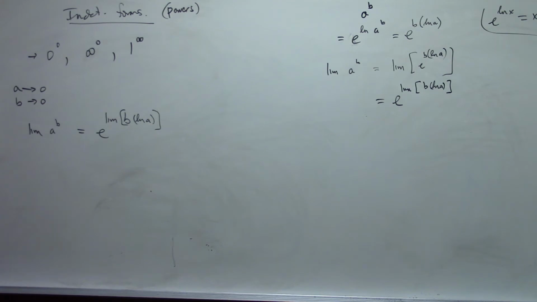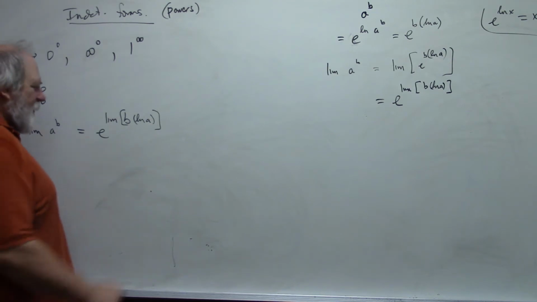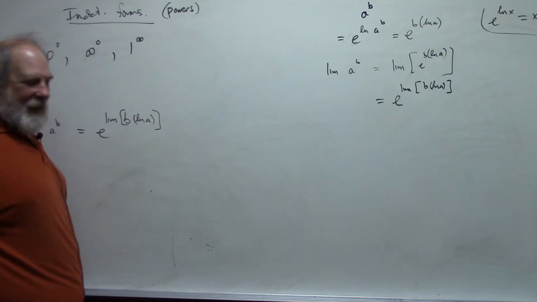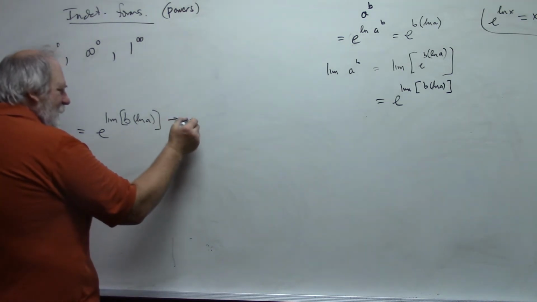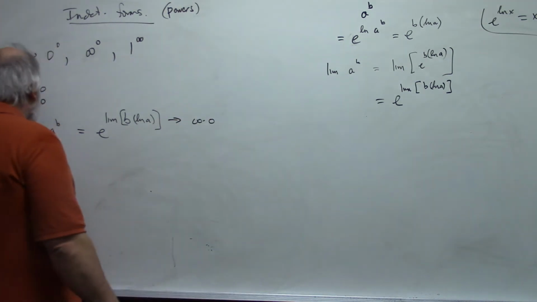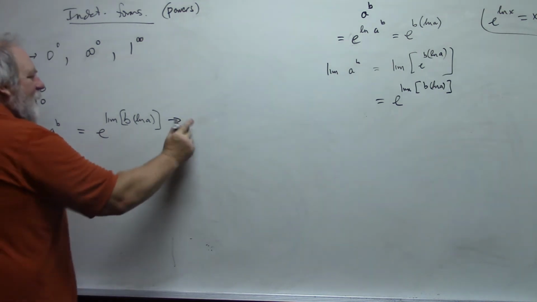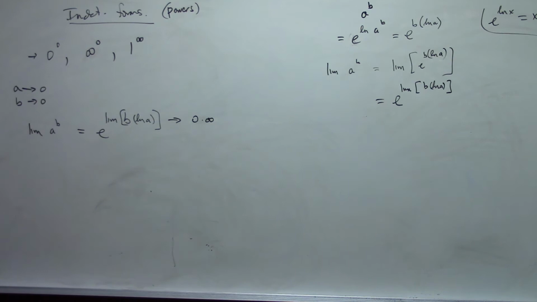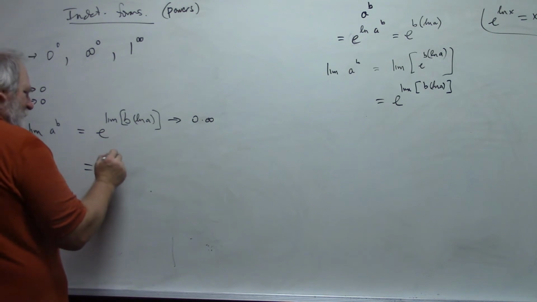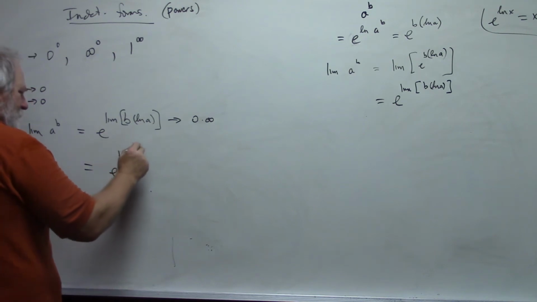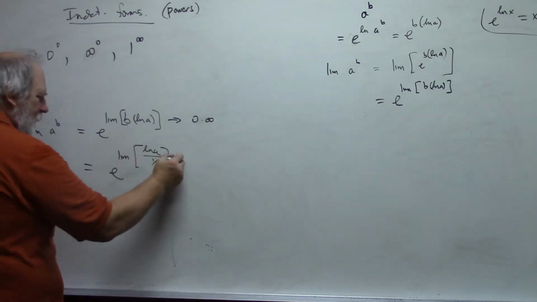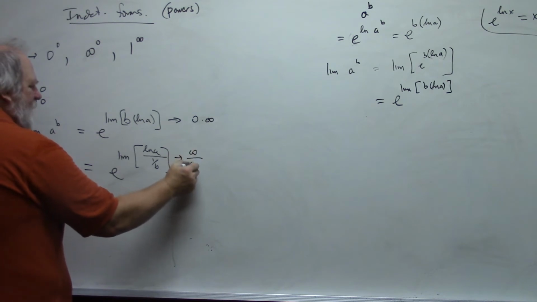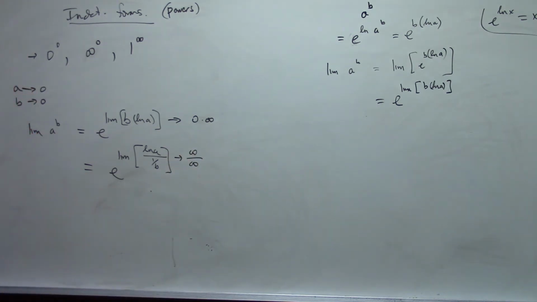Well, notice here, if a is approaching 0, the natural log of a is approaching negative infinity. b is approaching 0, and so this is now an infinity times 0 form, or 0 times infinity form. Doesn't matter. And we dealt with that. Remember, based on what I just talked about last video, this would be natural log of a over 1 over b, and now this is approaching an infinity over infinity form, hence we can use L'Hopital's.